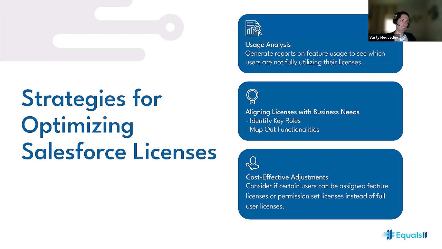Okay. And the last one is cost-effective adjustments. That's like, again, assigning the most cost-effective licenses. For example, in the community, we have a login-based license and a full license.